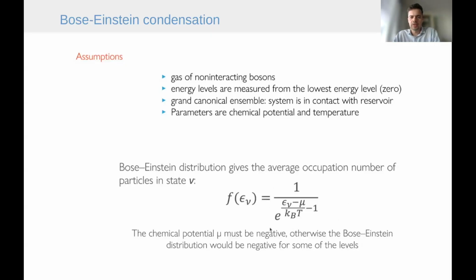Just note that the chemical potential that appears in this formula needs to be negative, because we assume that the energy level of the ground state is equal to 0. So if we had a positive chemical potential, it would mean that there is some singularity in this distribution.